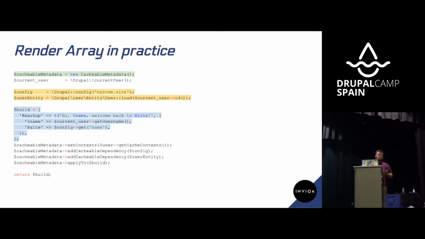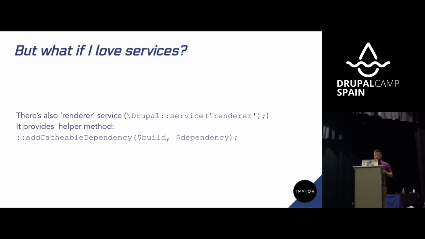And once you're done building your markup, you can simply ask your cacheable metadata to set the context that you want from those entities, to set cacheable dependencies, the dependency from those entities, and then just apply all of that to your built render array. And it will create the #cache element that will do all of this for you. Hard to make any mistakes with that.